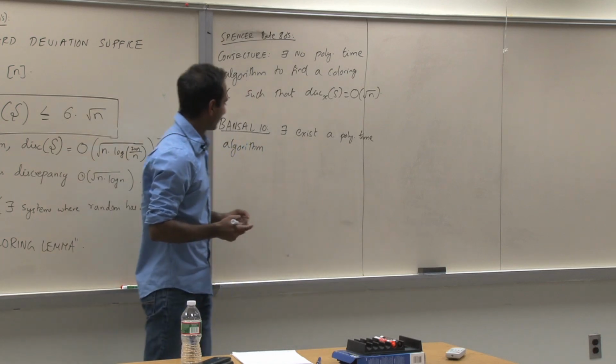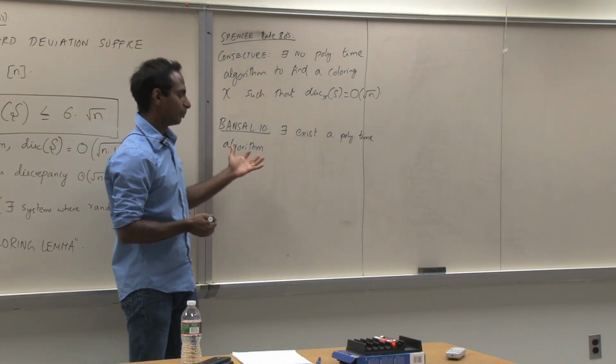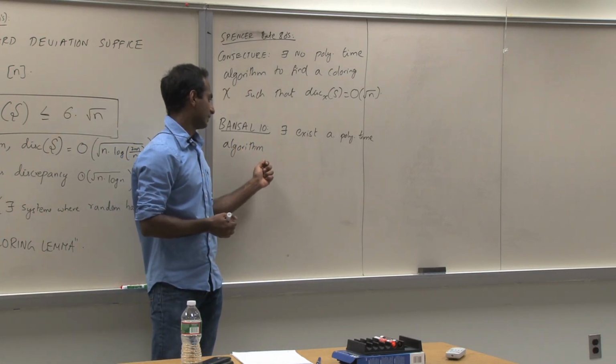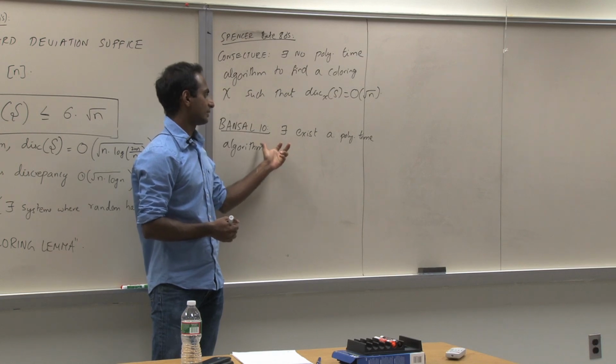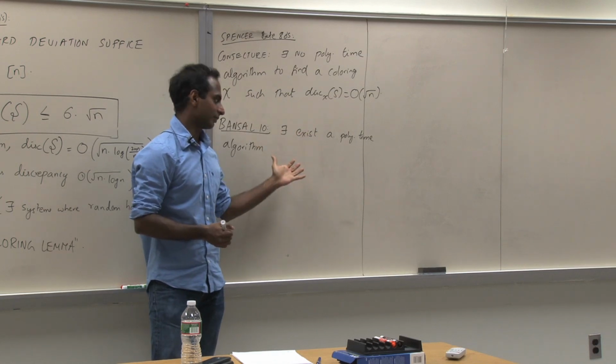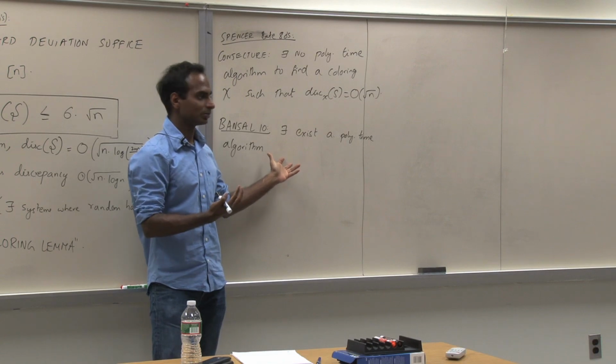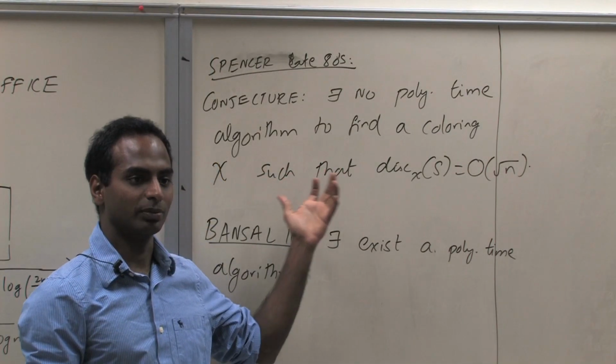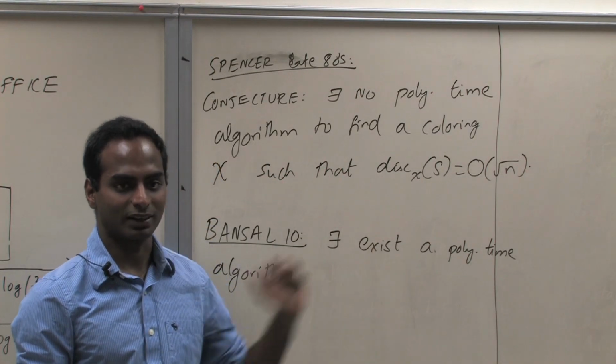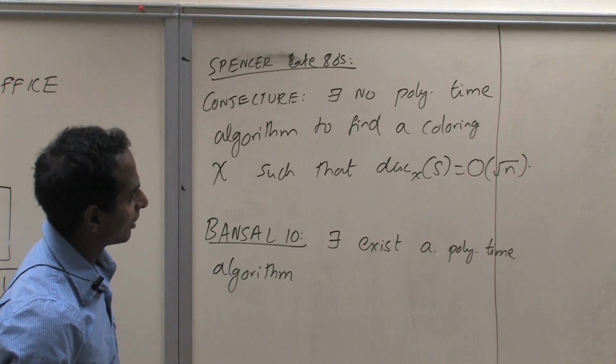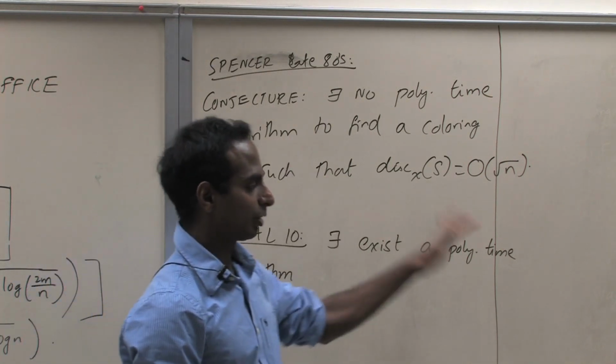Today we'll see a different proof of this result. Bansal's algorithm, even though it gives a polynomial time algorithm, still appeals to the non-constructive proof, but we'll see a different proof which will also give us an algorithm. And the proof, as we'll see, is very similar to the Beck-Fiala result.